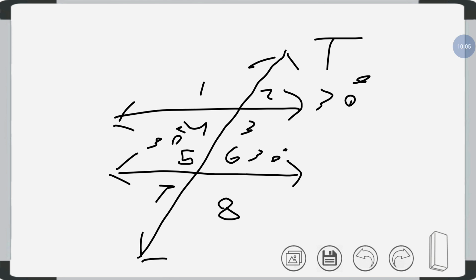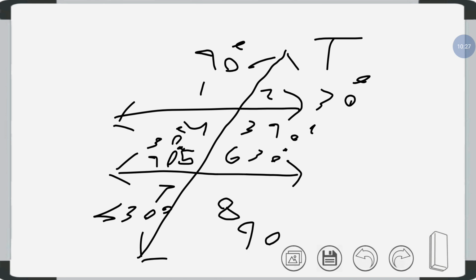If angle 6 is 30 degrees, angle 7 is also 30 degrees. It's so simple. We can find all of the angles like this: 90 degrees, 90 degrees, 90 degrees, and 90 degrees. So that's the end of the lesson: transversals and parallel lines.